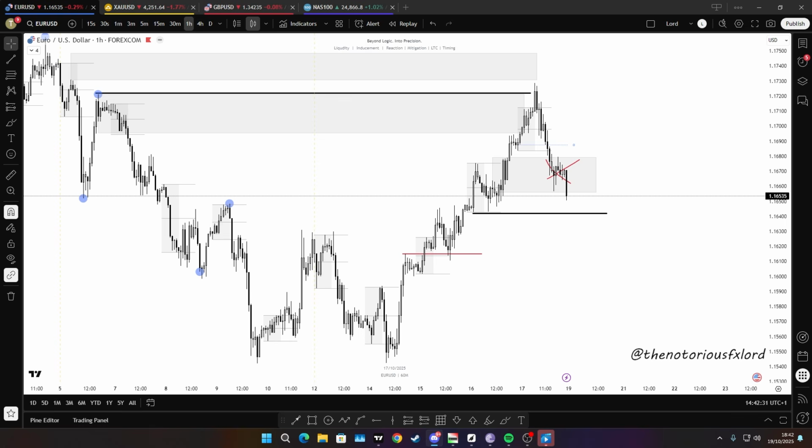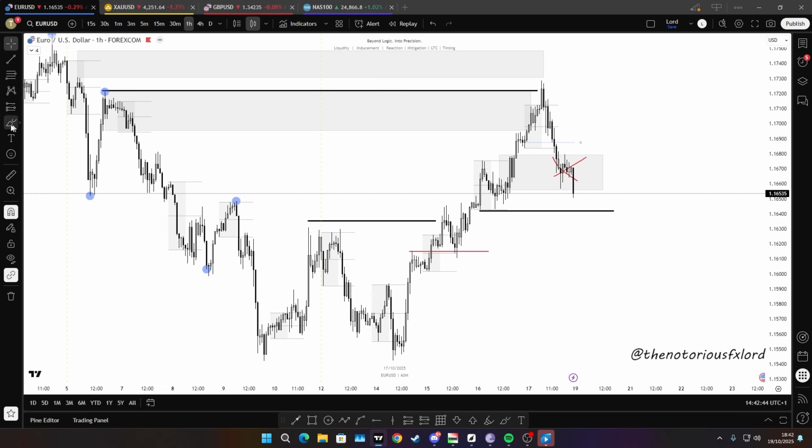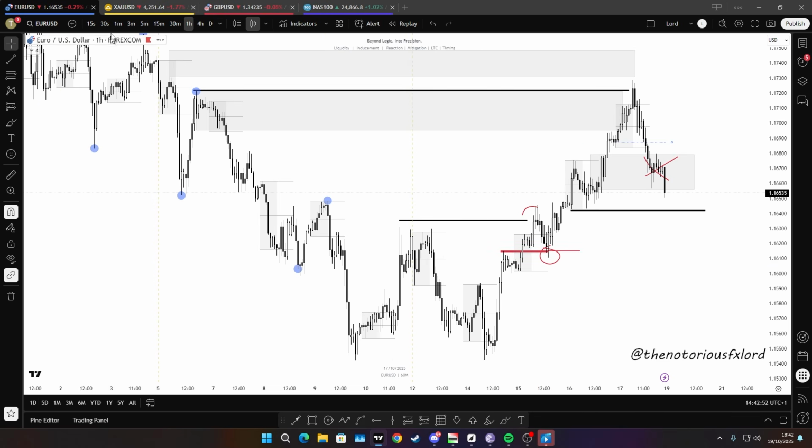Okay, I just posted that in the VC chart. You can see that I do have clear markup of my IPA level and where the price is reacting. So I had this where price was reacting to these highs, and I expected the price to react from this high to come back into this IPA level, and then we can look for some buy possibilities, right? And there we go.